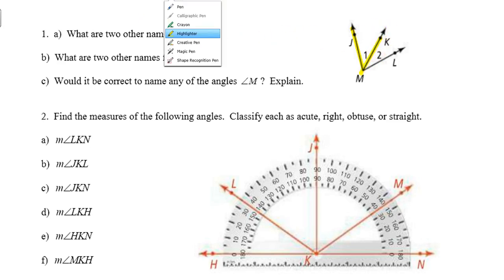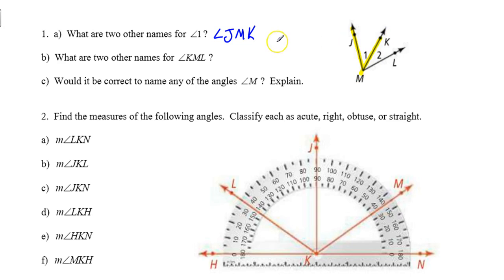So in addition to calling it angle 1, we could also call this angle JMK. See how M is the vertex and then it goes out to K. Or we could switch that around and call this angle KMJ. So the J and the K could be switched around. The M must be in the middle.